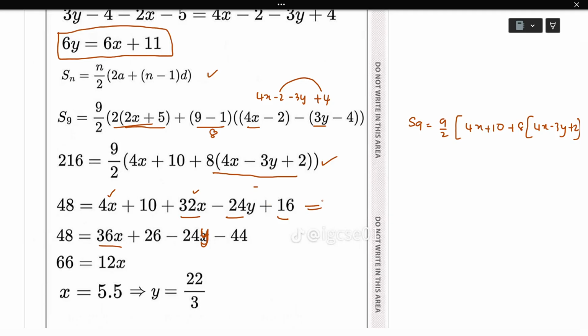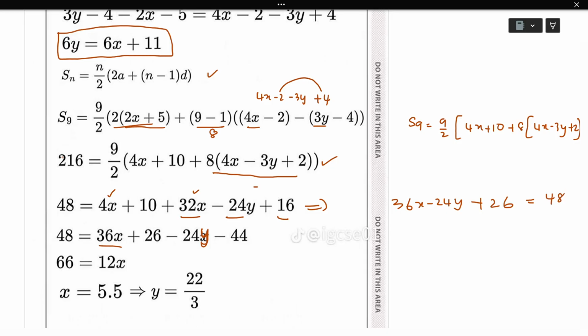So from this equation, what you will get, 36x minus 24y plus 26 equal to 48.